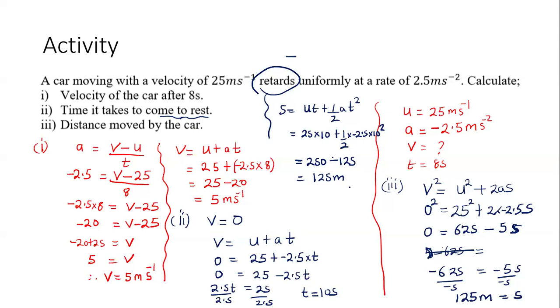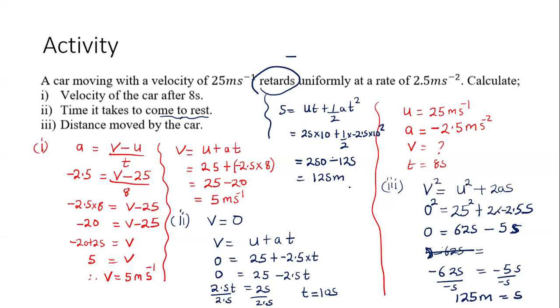I've not understood the part of the zero when it comes to rest. Now let me ask you. Imagine the parents are driving and they find a policeman who stops them. What do they usually do? They stop. What is the speed at that point when they have stopped? Zero.